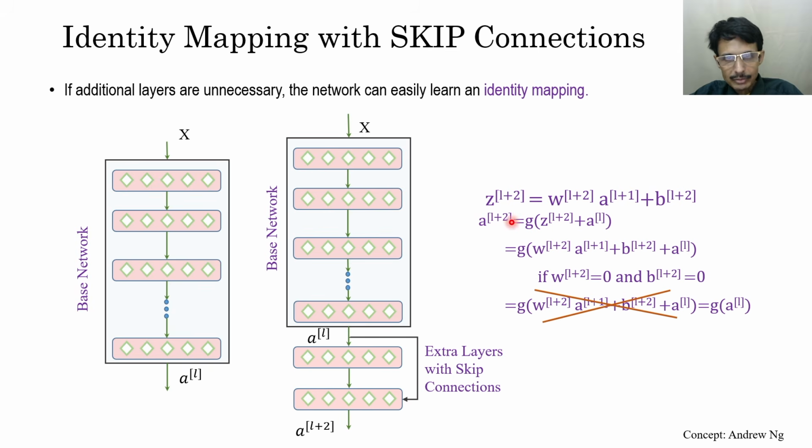So by this illustration, we can understand how the skip connection helps make identity mapping very easy for ResNet.